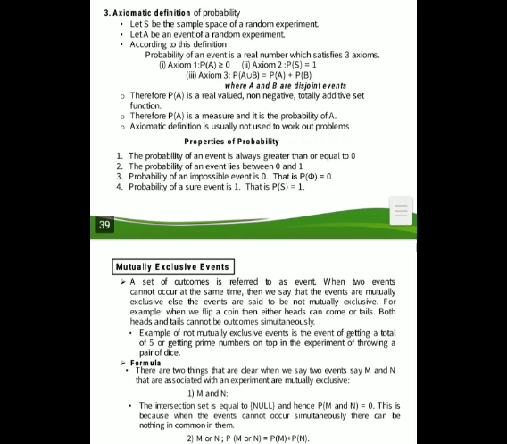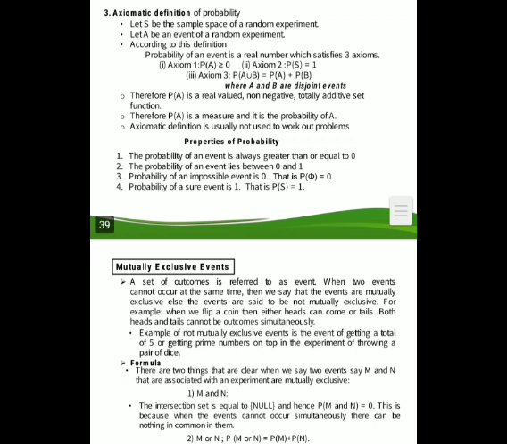Formula. There are two things that are clear when we say two events M and N associated with an experiment are mutually exclusive. Number 1, M and N: the intersection set is equal to null, and hence P(M and N) is equal to 0.